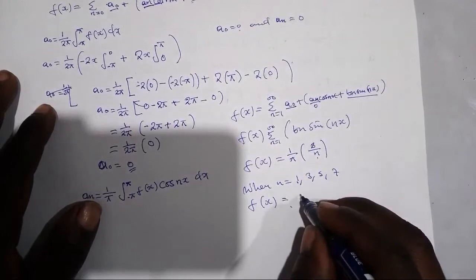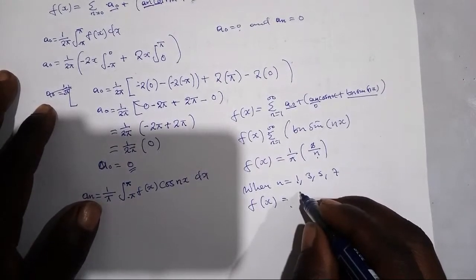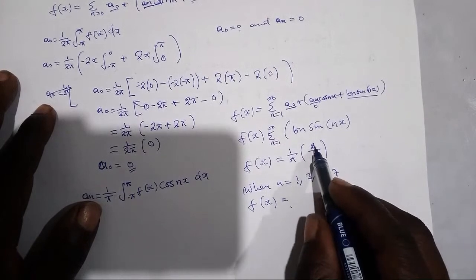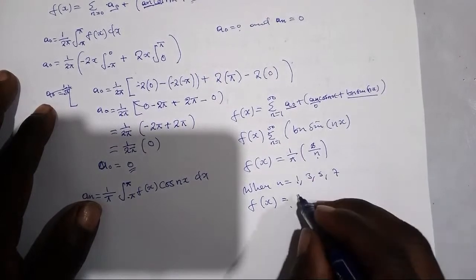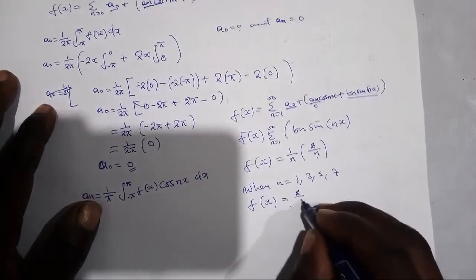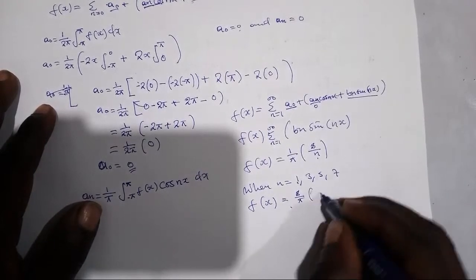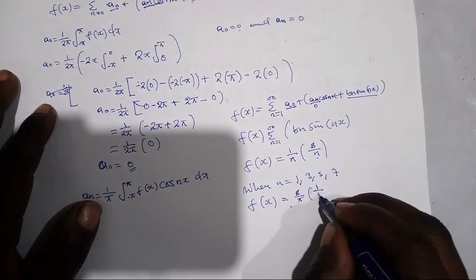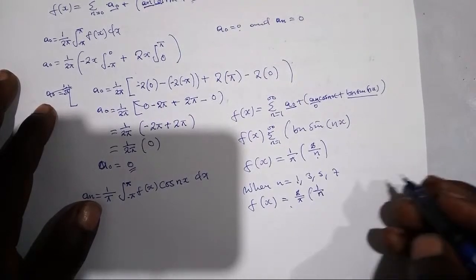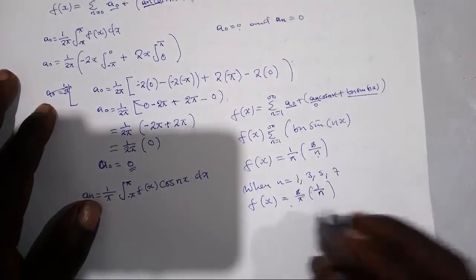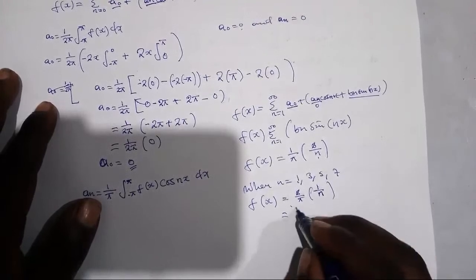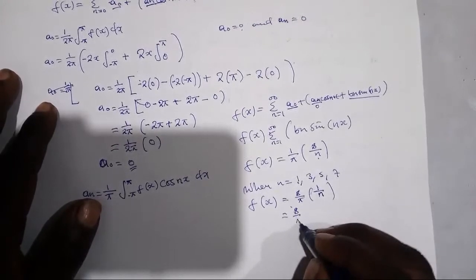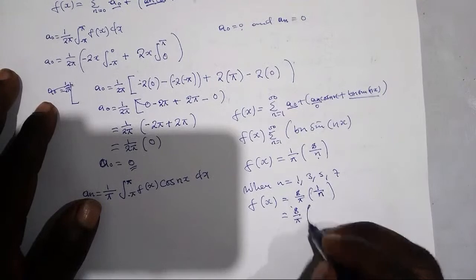First of all, let's say we have 8 come here, so we're going to have 8 over pi, then open bracket 1 over n, okay? 1 over n, in which this one will be 8 over pi, then open bracket.